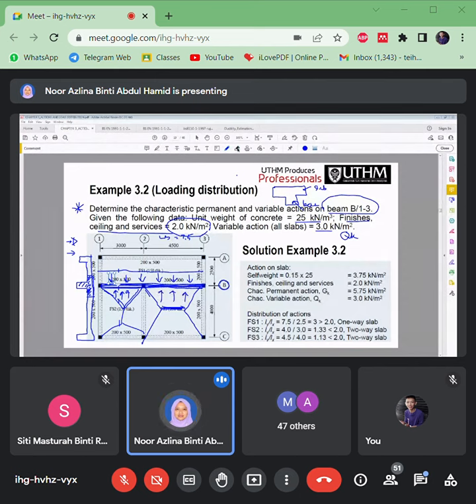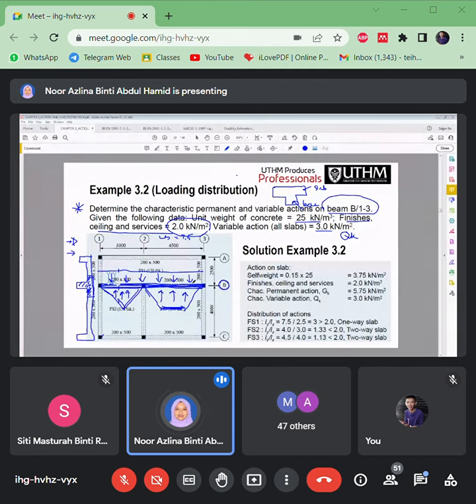So that means you can just ignore other portions. Padam, jangan tengok yang lain. Tengok apa load yang transfer pada beam B saja. Just ignore other parts. Okay, so this is the load that you have to total up, that will transfer to this beam here.